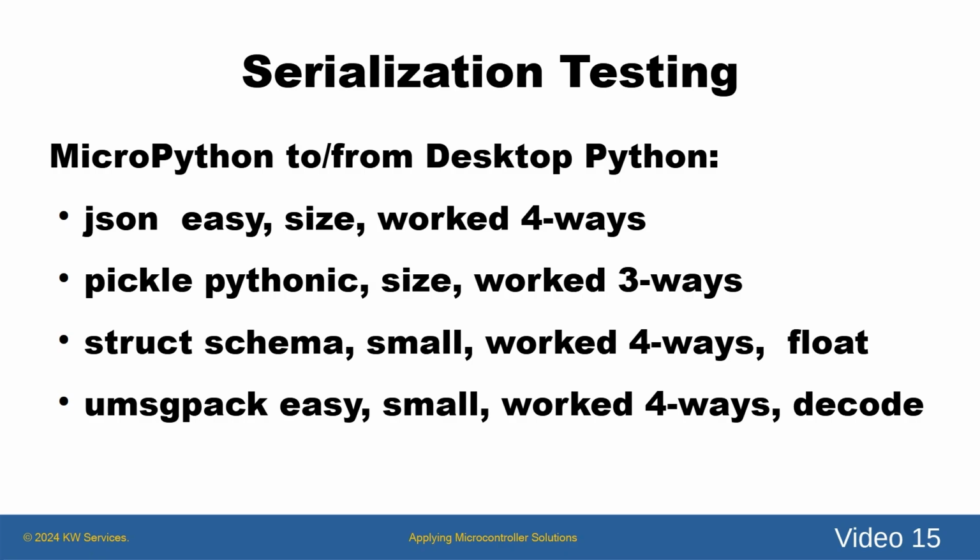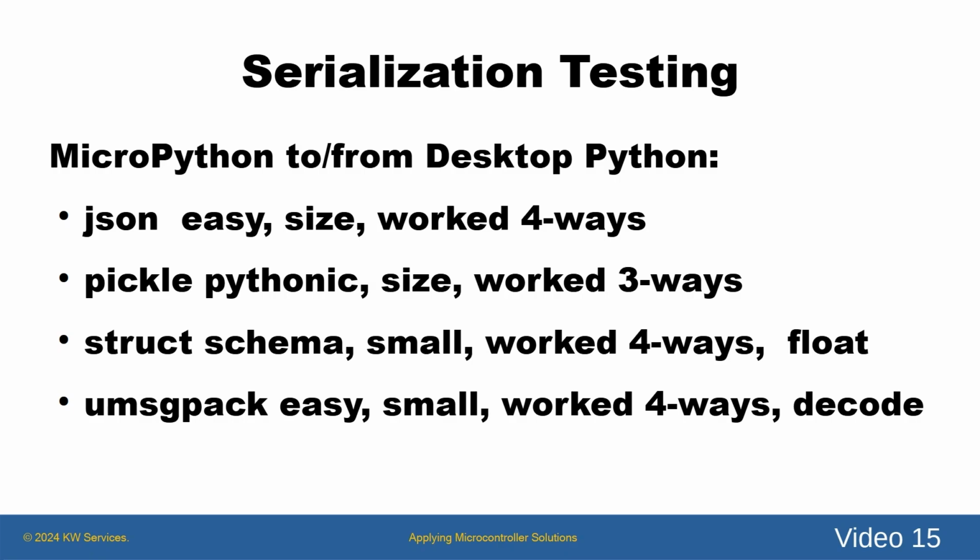We found Pickle, and I didn't do very many tests, but Pickle is very Pythonic, and it can encode many different kinds of Python objects. And it has a message size that's similar to JSON, which is large. However, it only worked 3 ways.